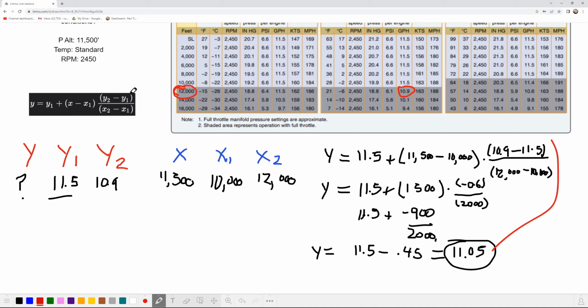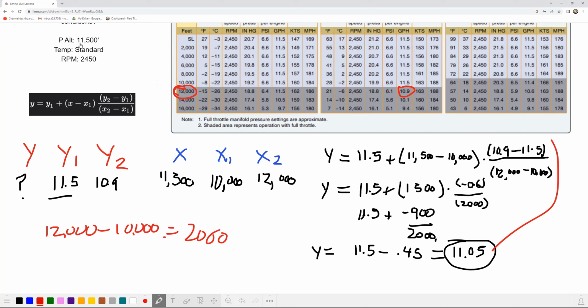If I was taking this test, what I would do is I would say, okay, 11,500 is between 12,000 and 10,000. I would do this in my head, but not everyone can. So that's a difference of 2,000.